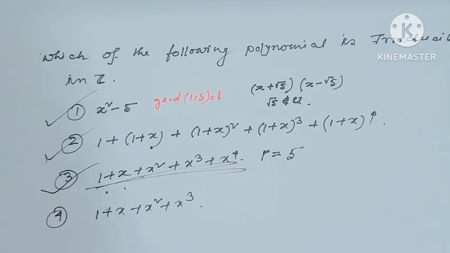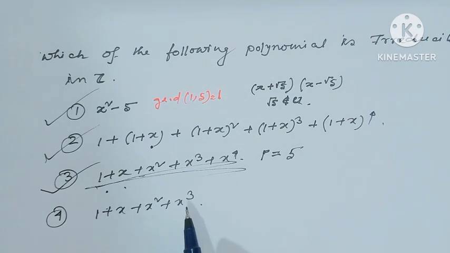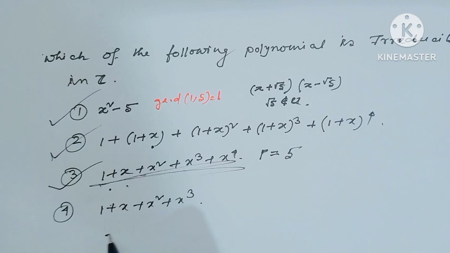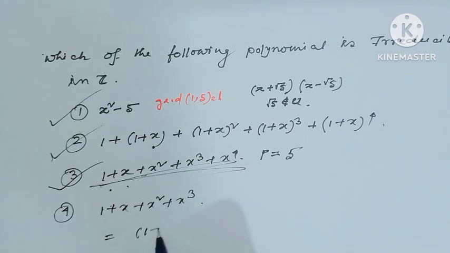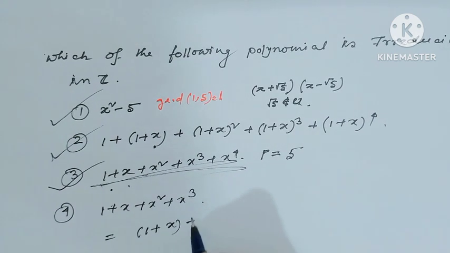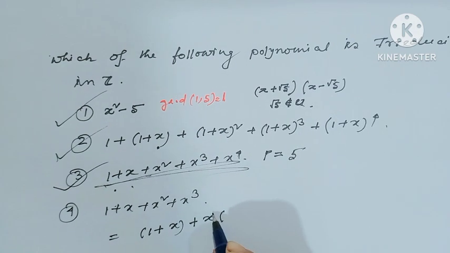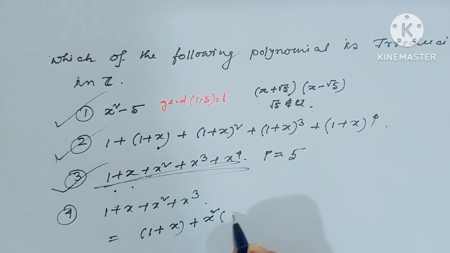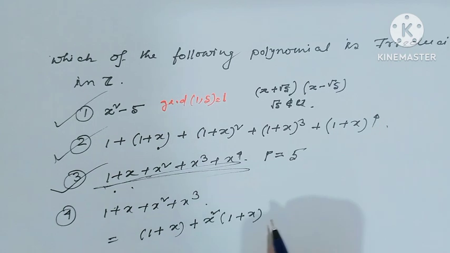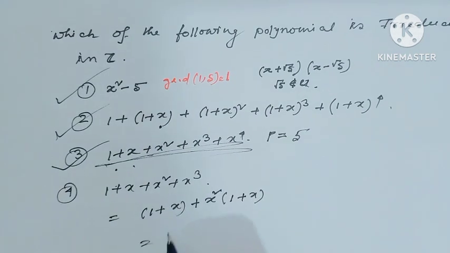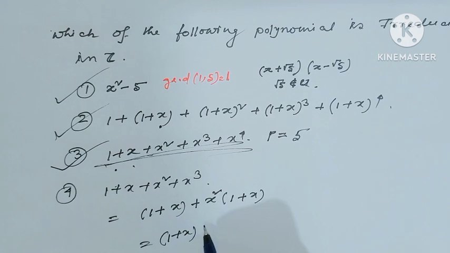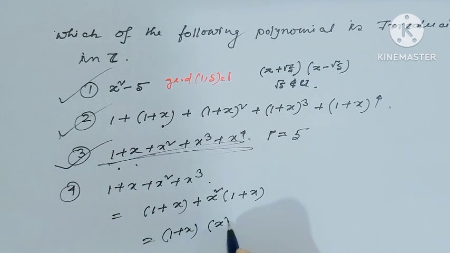And option 4: 1 plus x square plus x cube. We can write this as 1 plus x, plus x square times 1 plus x, and this implies (1 plus x) times (x square plus 1).